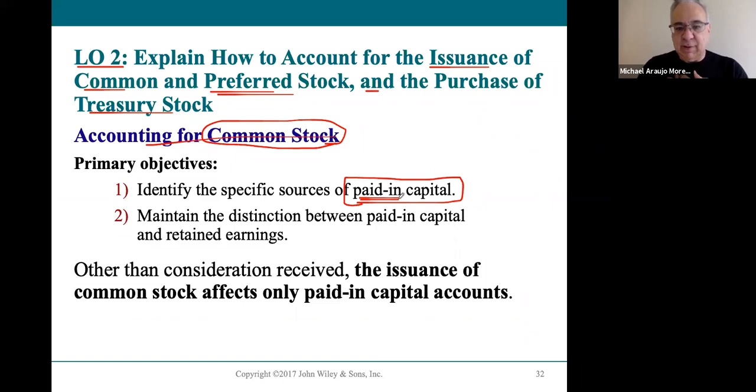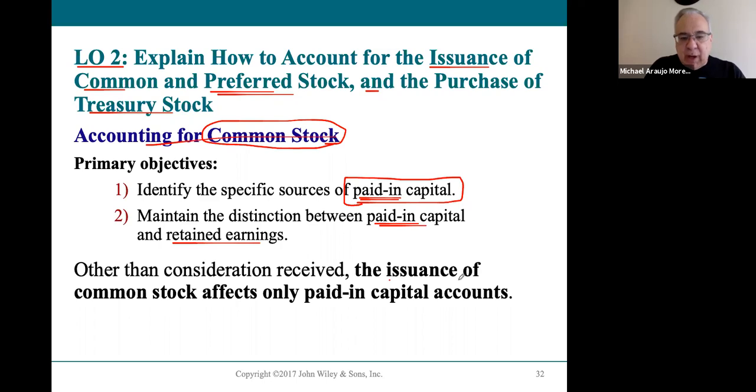Because they literally have to pay in the money to get the ownership, that's where the paid in capital comes from. So that's very, very important, paid in capital. The other account that you've learned already was retained earnings, but paid in capital is stressed here.